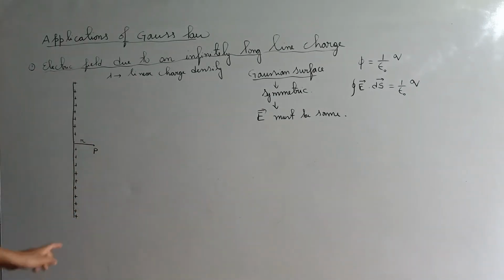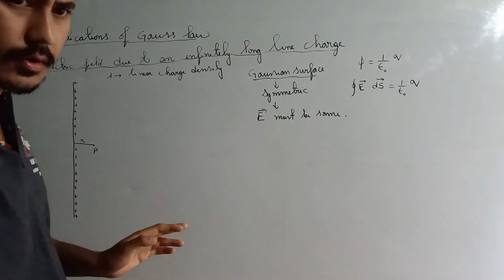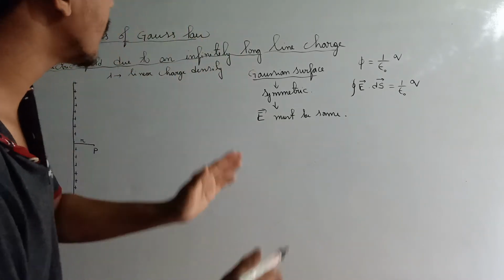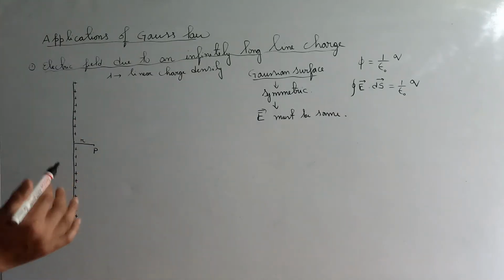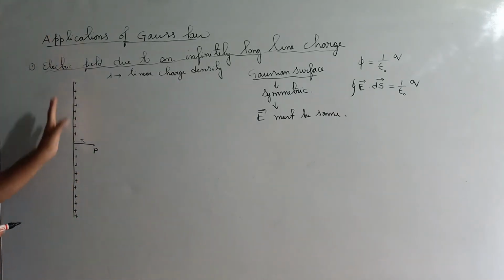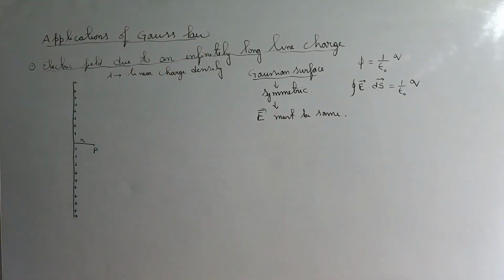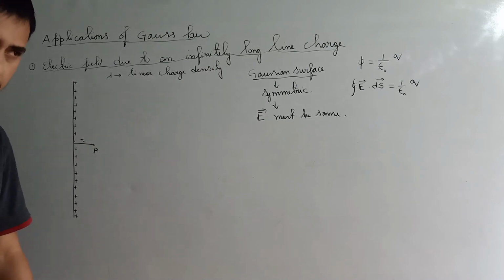So in order to find the electric field at this point, what did we do? We drew a Gaussian surface such that the surface is symmetric about the charge, and the electric field at every point on that surface must be the same.